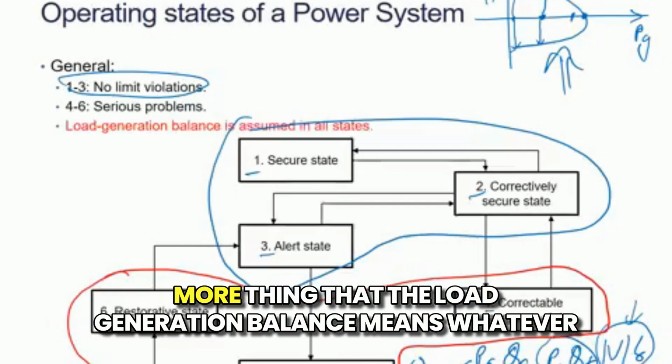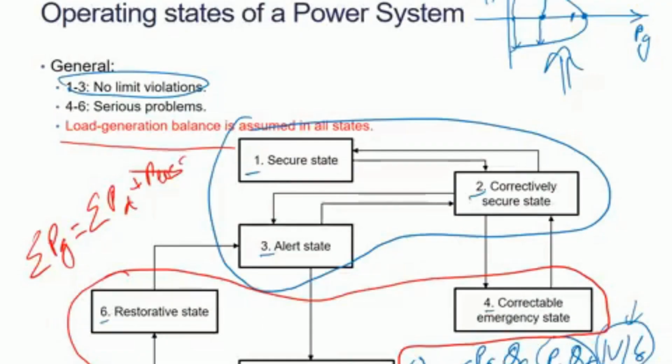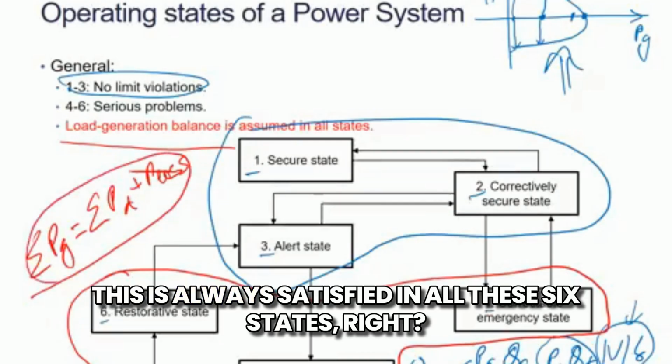One more thing: the load generation balance, that is, the sum of PG should be equal to the sum of PD plus P loss. This is always satisfied in all these 6 states.